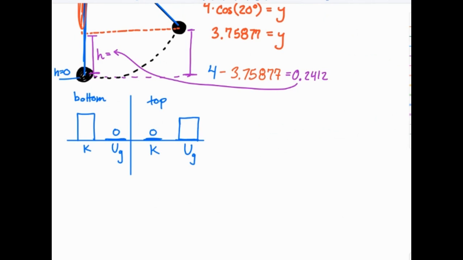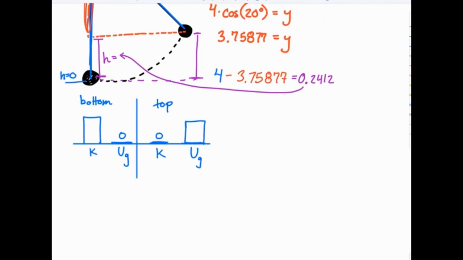And because of conservation of energy and that there's no work being done on our system, I know that these are going to be equal to each other. So the kinetic energy plus 0 at the bottom is going to be equal to 0 plus my gravitational potential energy at the top. And so then I just need to remember these equations or look them up on my equation sheet.